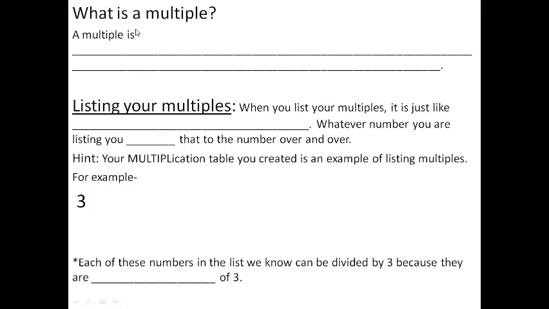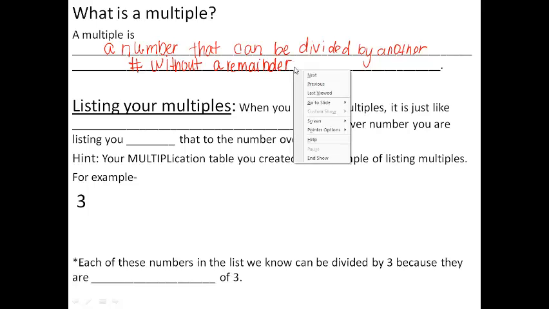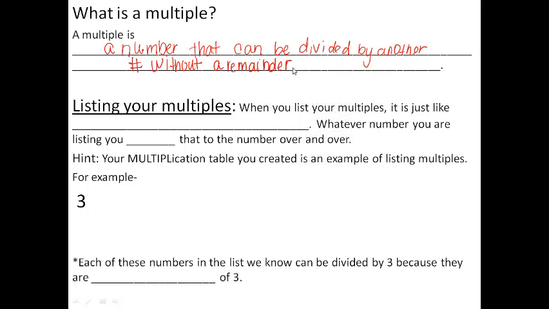A multiple is a number that can be divided by another number without a remainder, which means it can go in there evenly. Make sure you get that down.